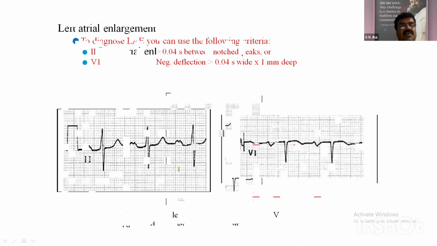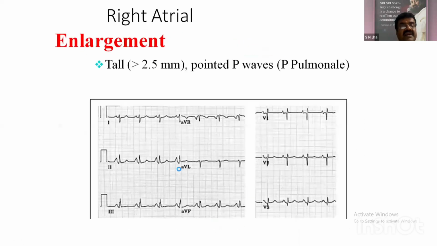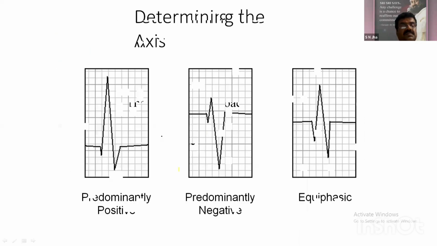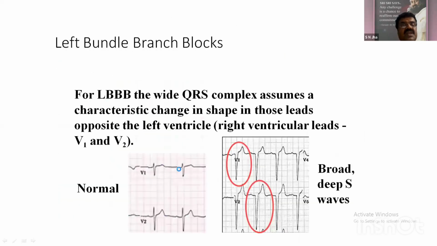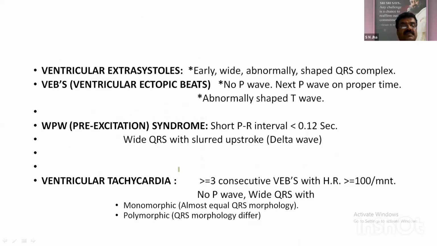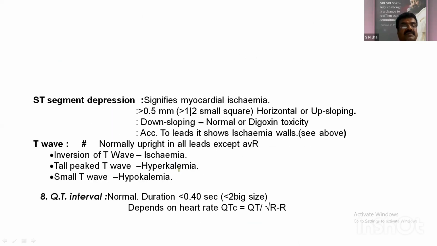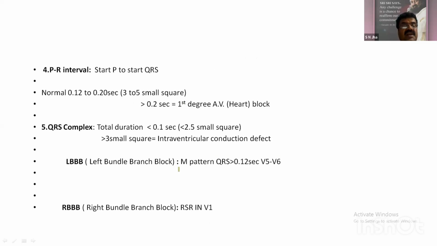So you have learnt about left atrial and right atrial enlargement. PR interval, we have said, is start of P wave to start of QRS, 0.12 to 0.2 second.